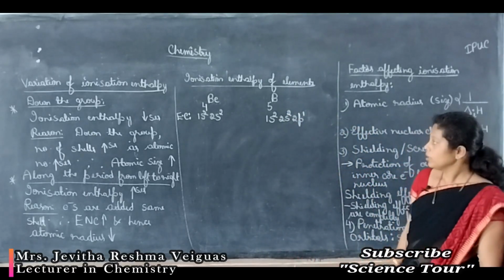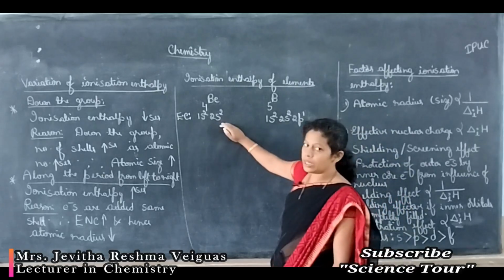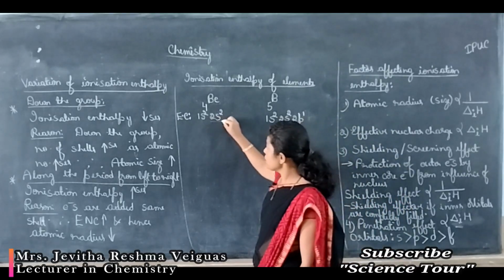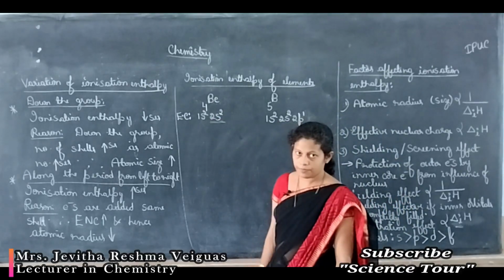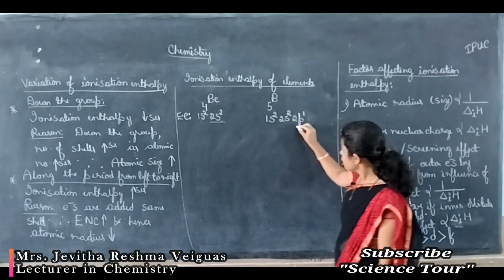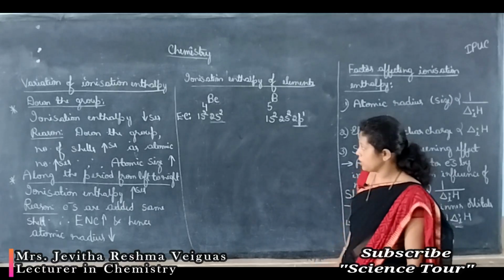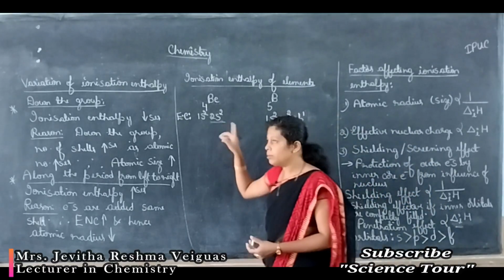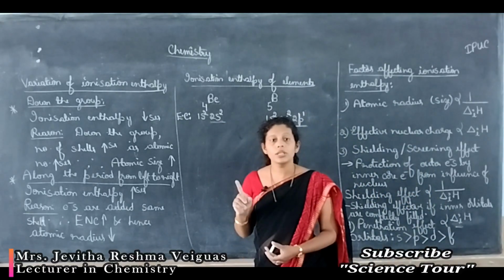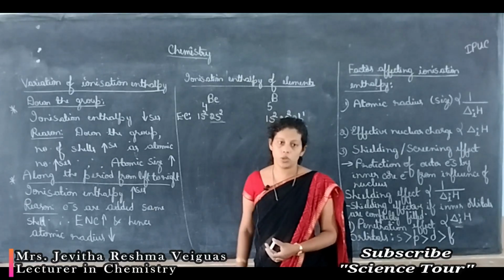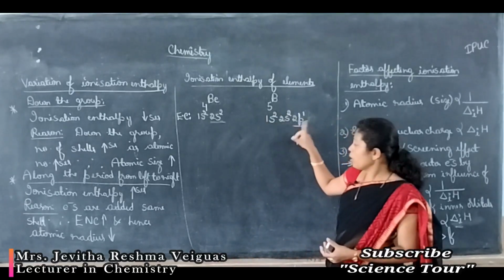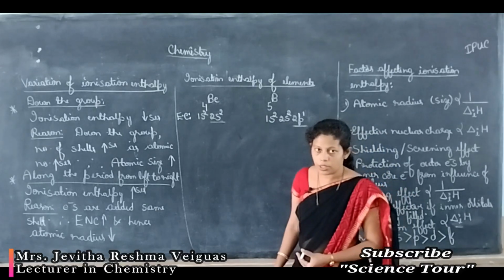Now, if you want to remove an electron from beryllium, it must be removed from 2s orbital. Whereas if you want to remove an electron in boron, it must be removed from 2p orbital.